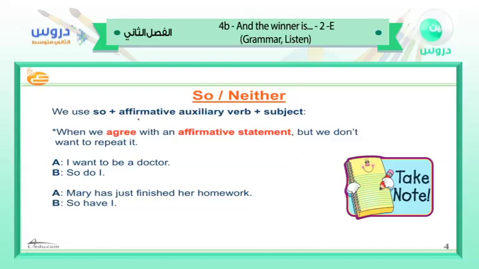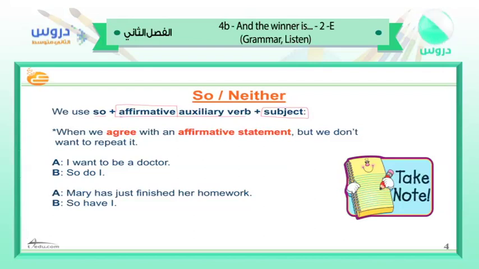The structure again: use so first, then affirmative auxiliary verb. Affirmative means a sentence that says yes, there's no negative. Then the auxiliary verb, the helping verbs, plus subject.